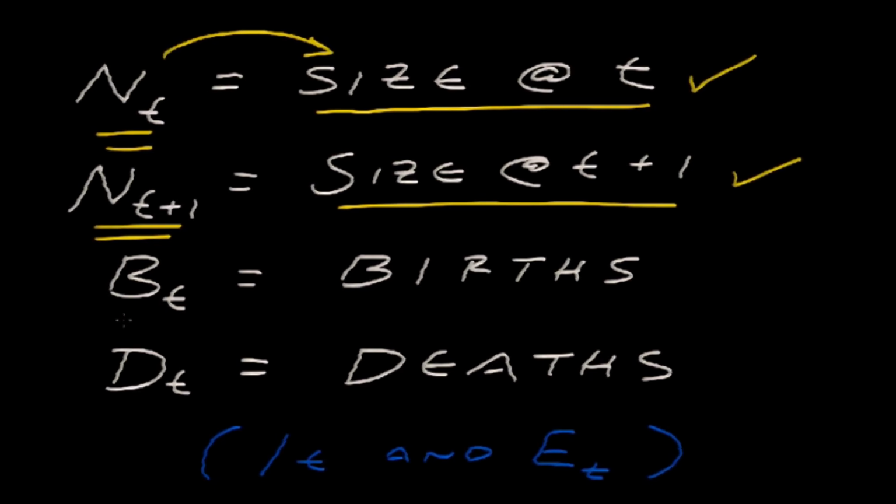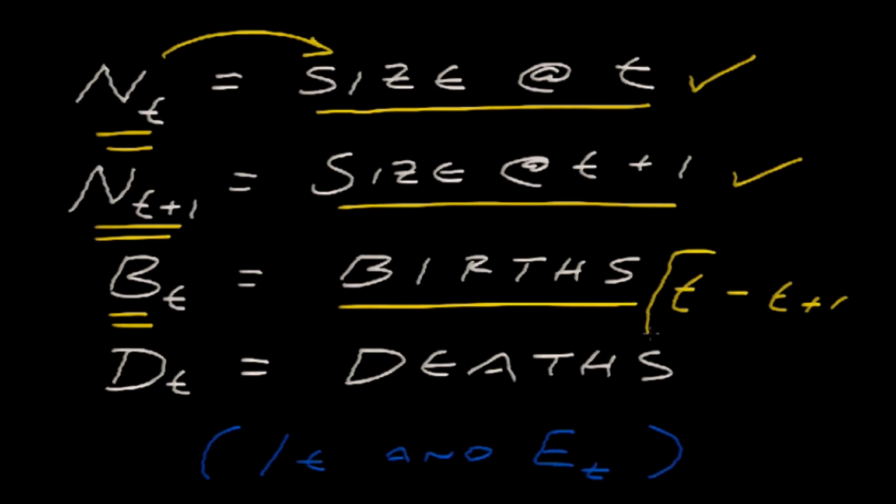Another component here that we'll add is B sub t, and this is the number of births. It's the raw number of births, and it's from the period t to t plus 1. So it's how many births occur during our time period. And then we also estimate the number of animals that died, or those that we lose during that period.